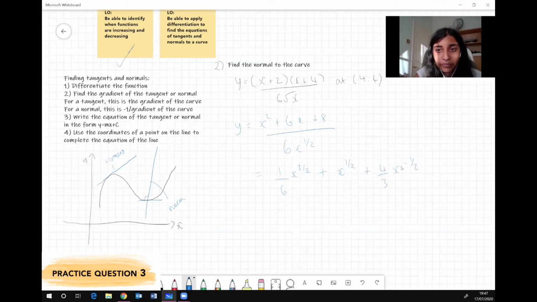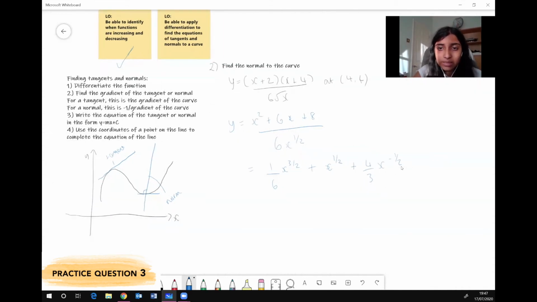And now we can differentiate that. We've made it into an easy form to differentiate. So dy over dx would be equal to 1/6 times 3 over 2, which is 3 over 12, which is just 1 over 4, x to the power of 3 over 2 minus 1, which is just the power of a half, plus a half x to the power of a half minus 1, which is minus a half.